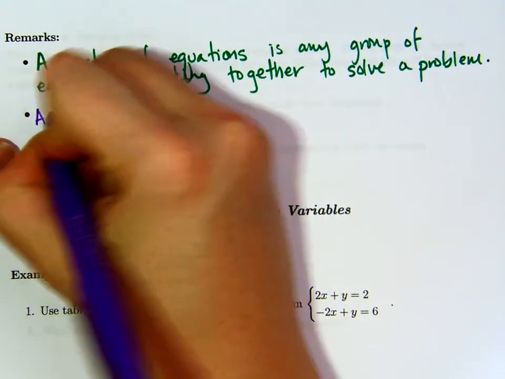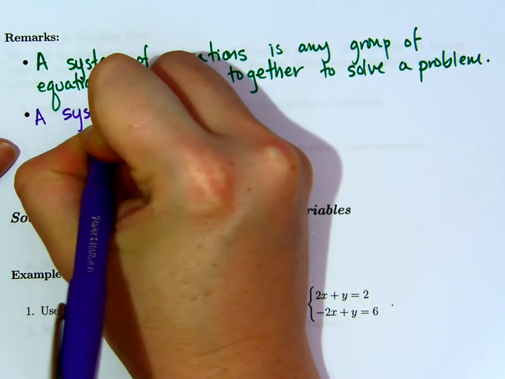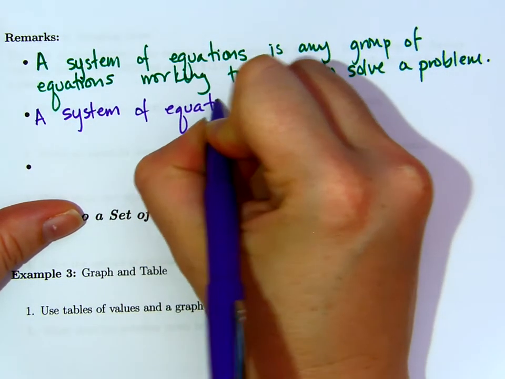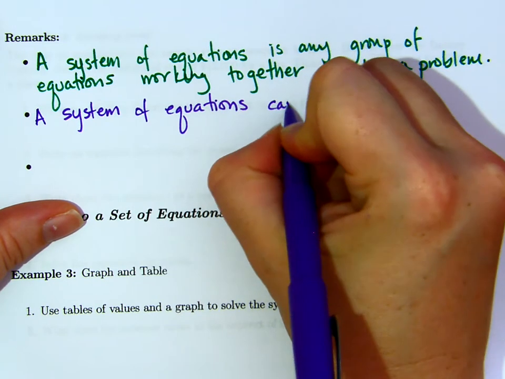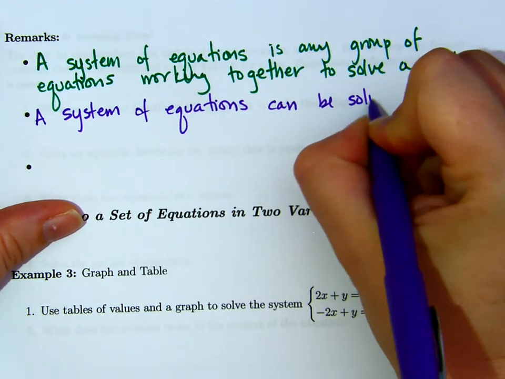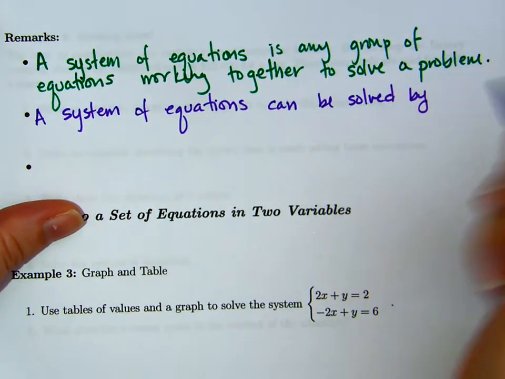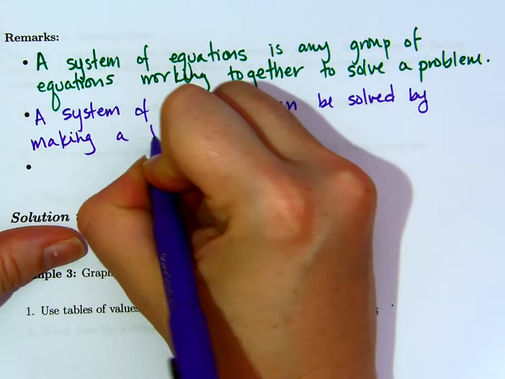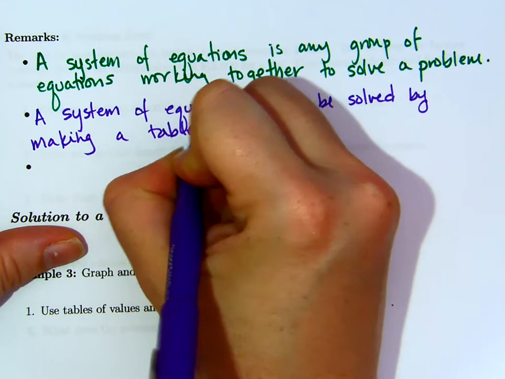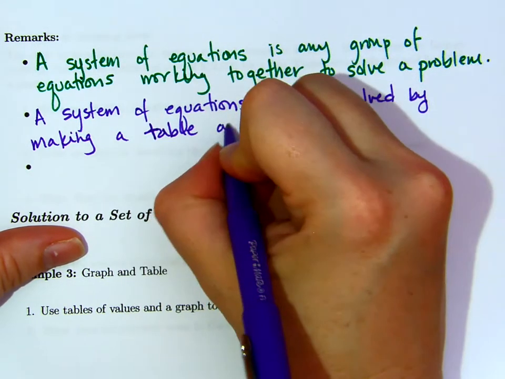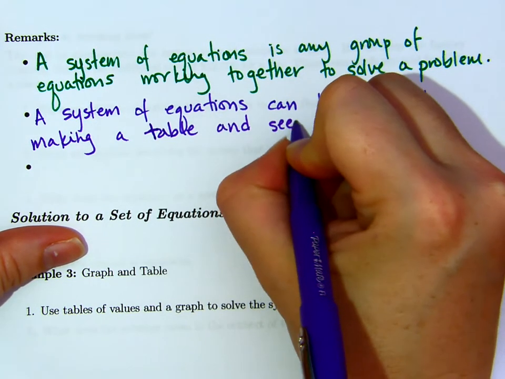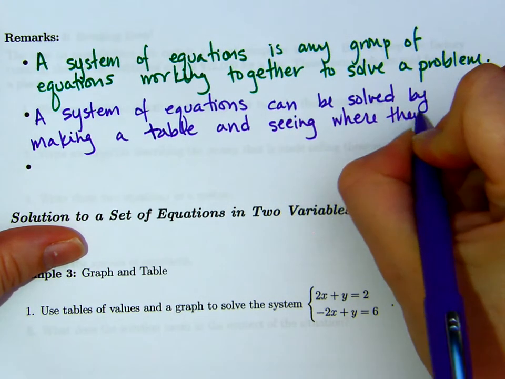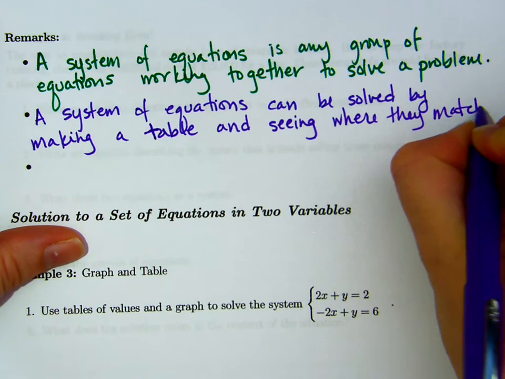So, a system of equations can be solved by making a table and seeing where they match.